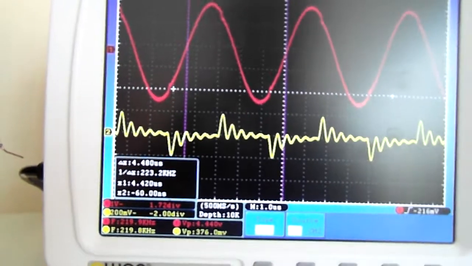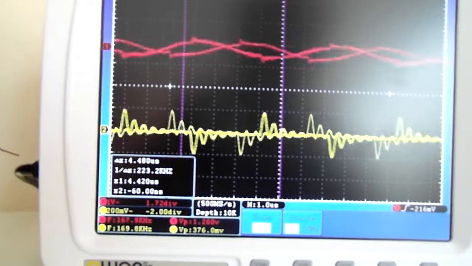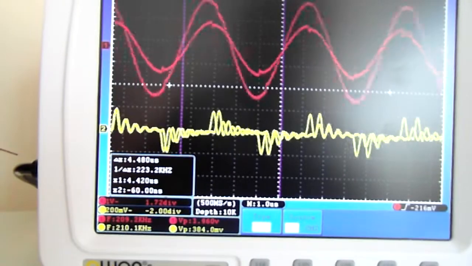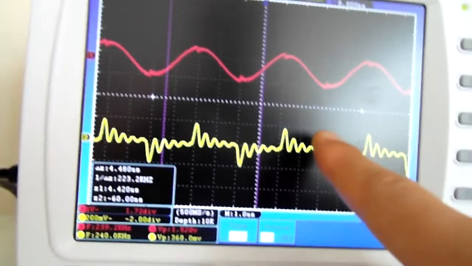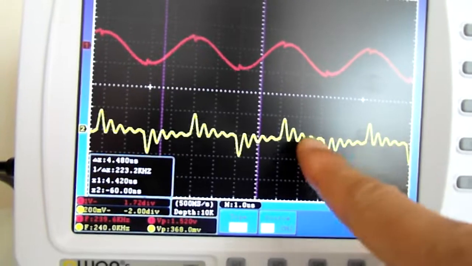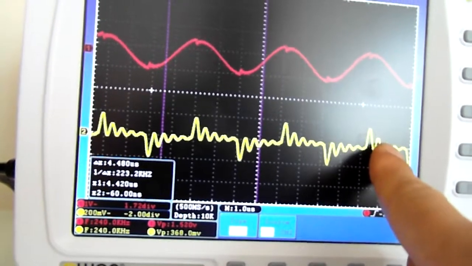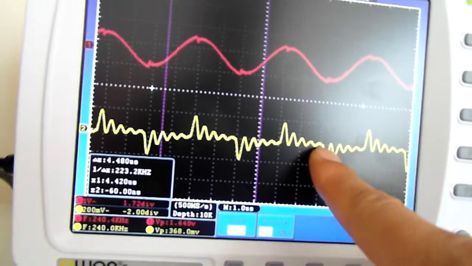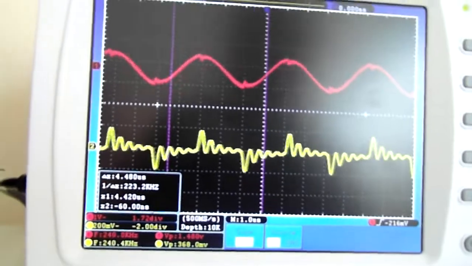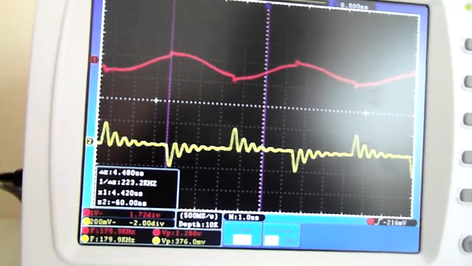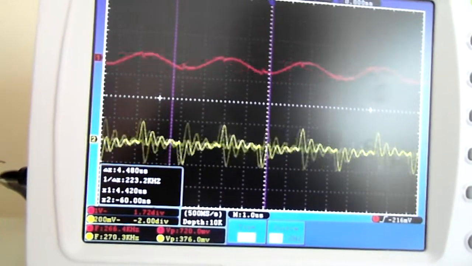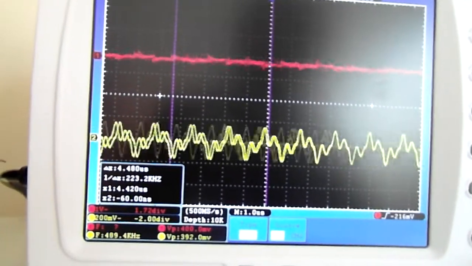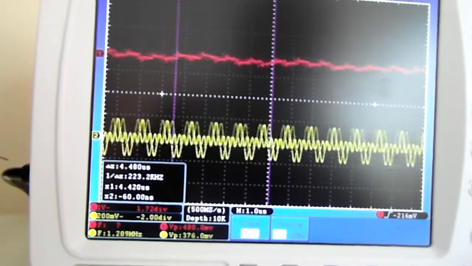I have to go down. And again, around here, I don't know if it is LC resonance, but at least the input energy is not consumed more, and the output is increased. Yeah, this part. And again, because it's interesting, I'm going up and up and up.